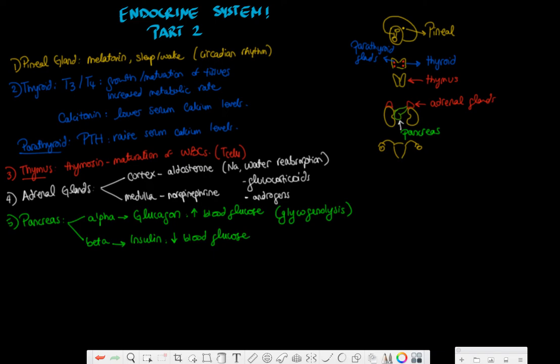Okay, and then finally, this brings us to the gonads. Gonads are going to be ovaries in females and the testes in males. Ovaries are going to release two hormones. They release estrogen and they release progesterone. As for the testes, they release testosterone.